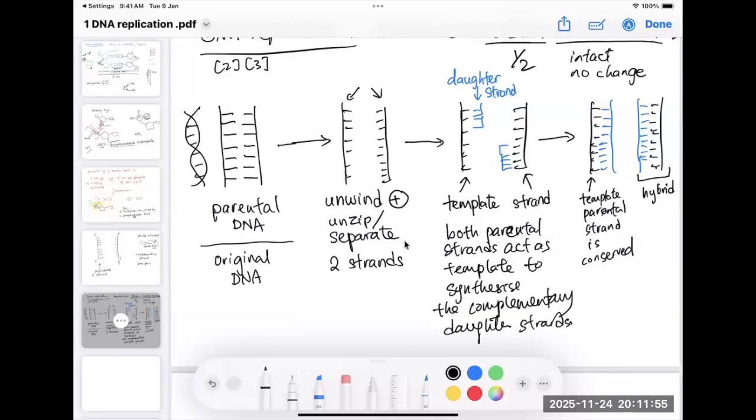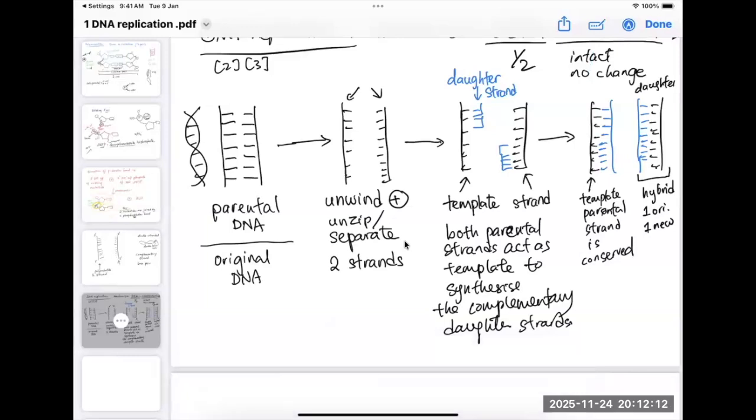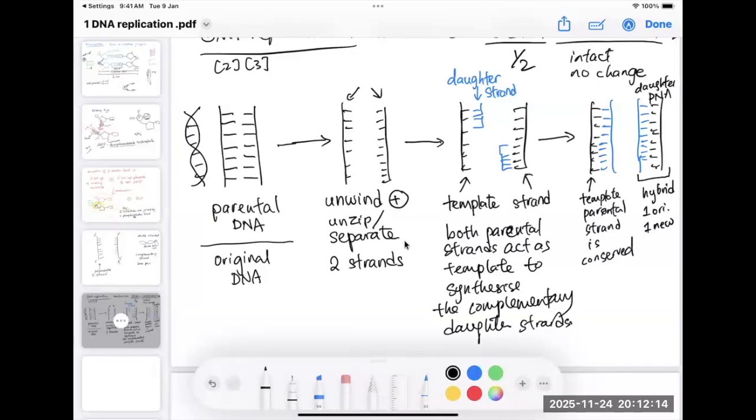Okay, so hybrid means it has two things that combine together. It has one original and one new, so you call it a hybrid. This is a daughter DNA, right? Just now, if it's one strand, it's a daughter strand. But now these two are daughter DNA.